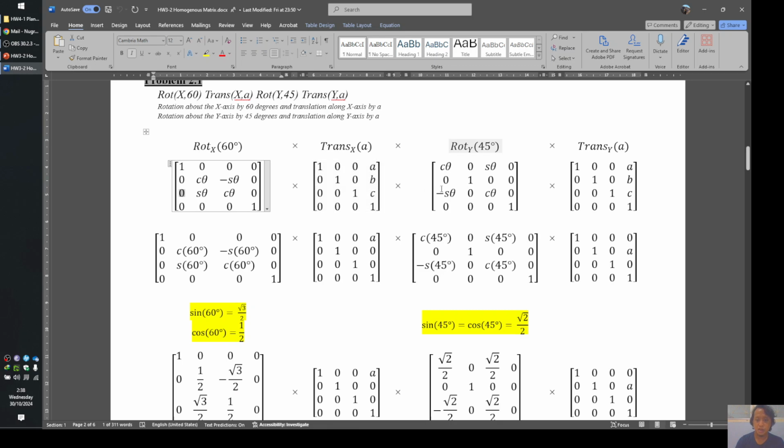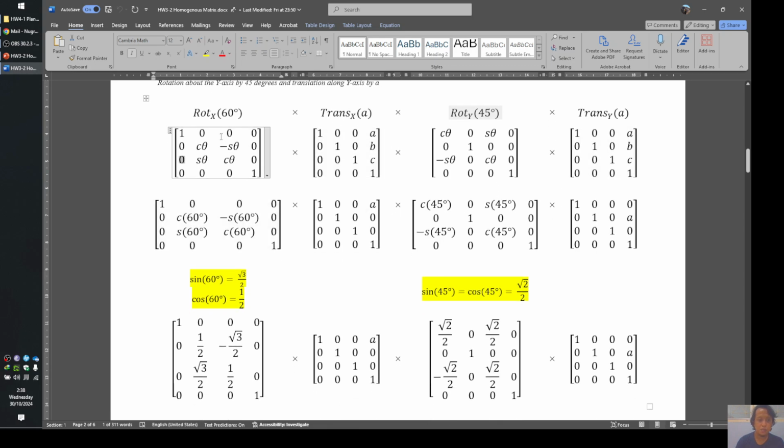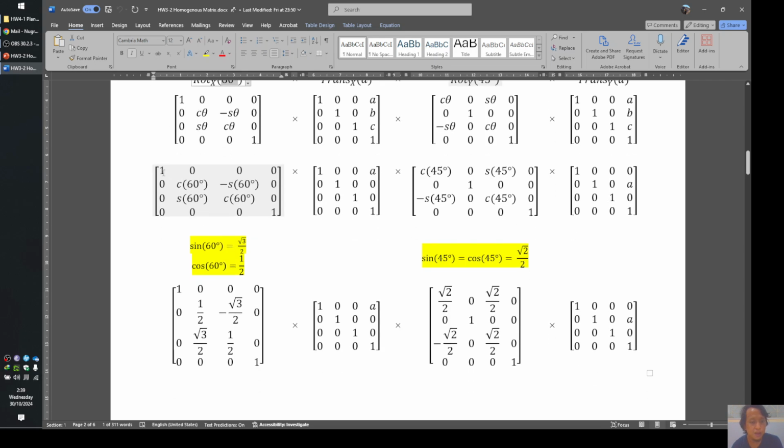Then I need to put the 60 degrees into theta. The first row of the first matrix is 1 0 0 0, and the second row is 0, cosine 60 degrees, minus sine 60 degrees, 0, and so on.